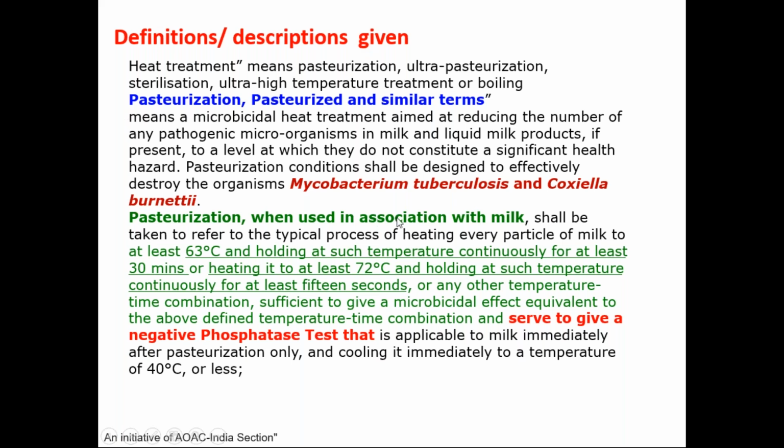When pasteurization is associated with milk, it means milk which has been heated to at least 63 degrees Celsius and held at that temperature continuously for 30 minutes, or heating it to 72 degrees Celsius and holding it there for 15 seconds, or any other temperature-time combination sufficient to bring about the death or reduction of the Mycobacterium tuberculosis and Coxiella burnetii.